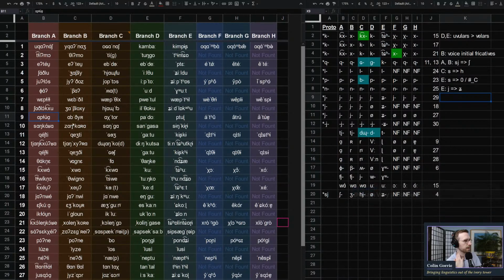Aplua. Abdur. Achtor. Pado. Interesting. It looks like we have some metathesis going on here.